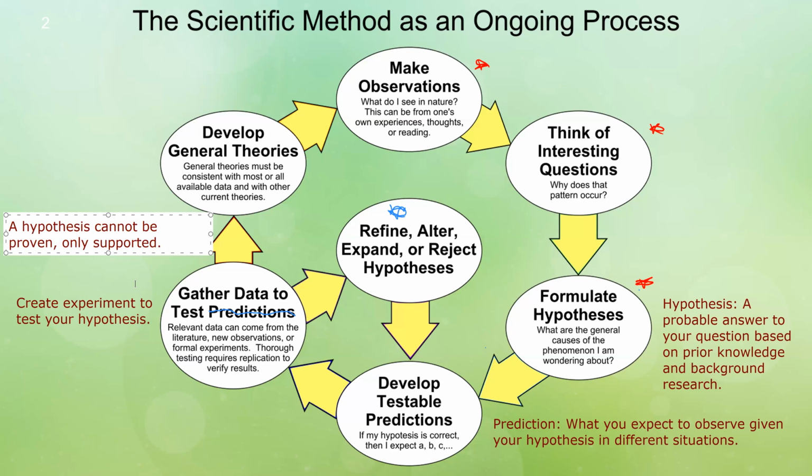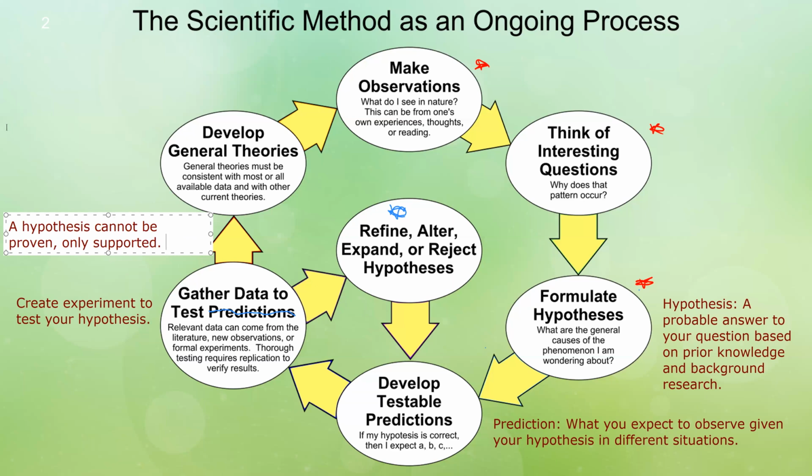In order to prove something, you're implying that you have 100% certainty that your conclusion is correct, right? But there is no way you could test every possible situation. So we just say our hypothesis is supported.